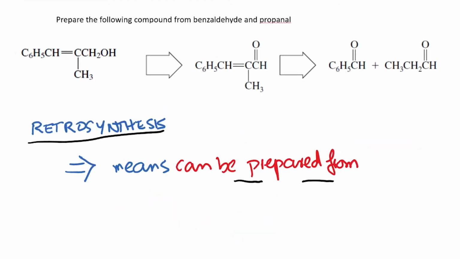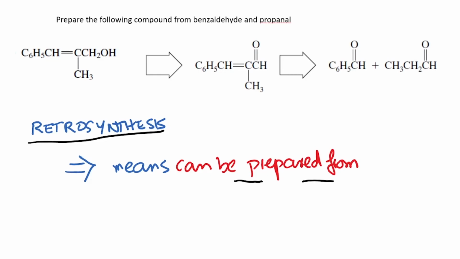Now to the next question. You need to prepare the following compound from benzaldehyde and propanol. Here I would like to introduce the concept of retrosynthesis. Retrosynthesis is basically that the kind of transformations that you would propose, you write in the reverse order.